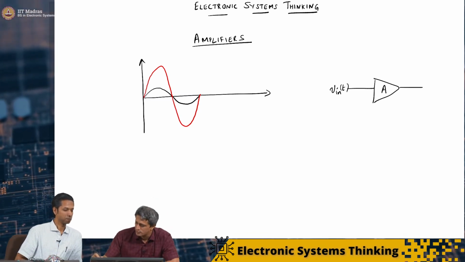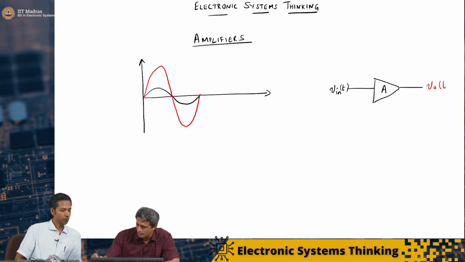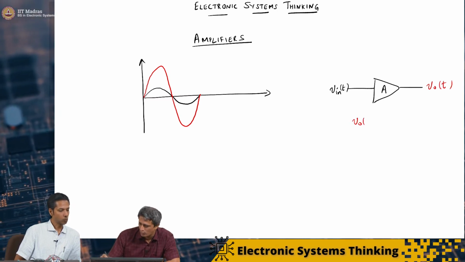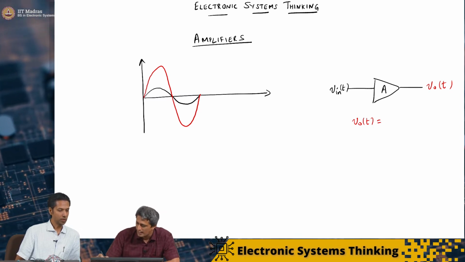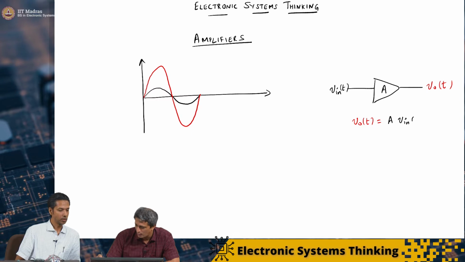I'm going to plot it in red. V out of T was equal to some A times V in of T.